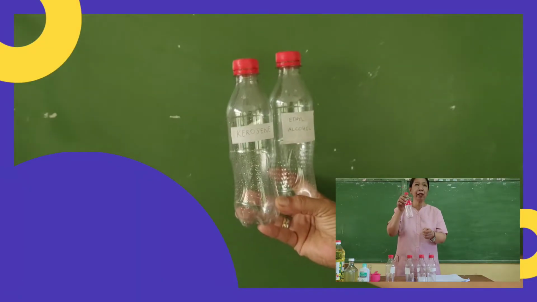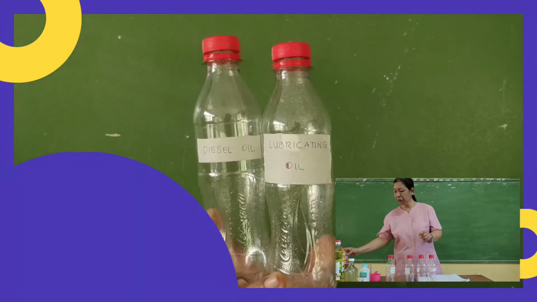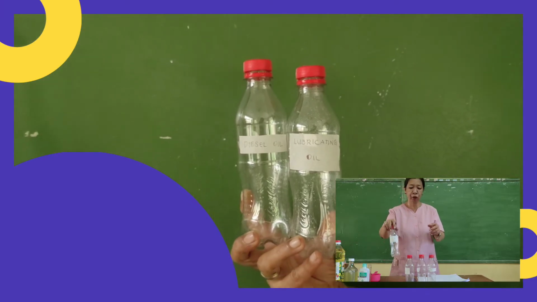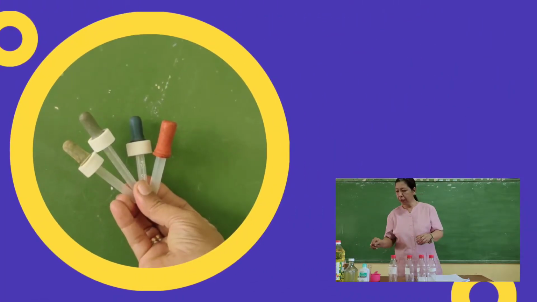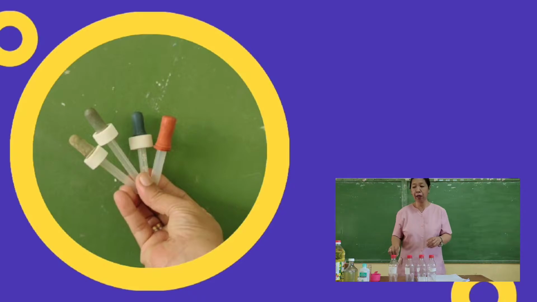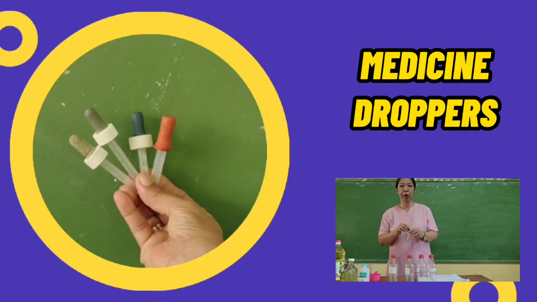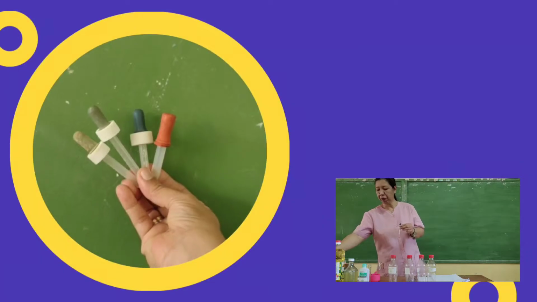You must have identical plastic bottles, so I choose these 4 bottles. And then we have the medicine dropper. Each material must have its own medicine dropper, so there should be 4 medicine droppers.